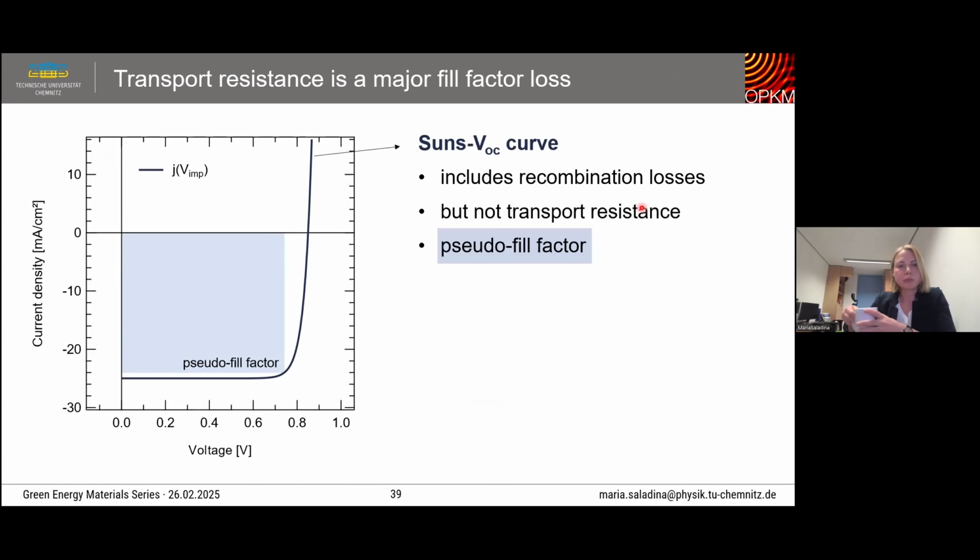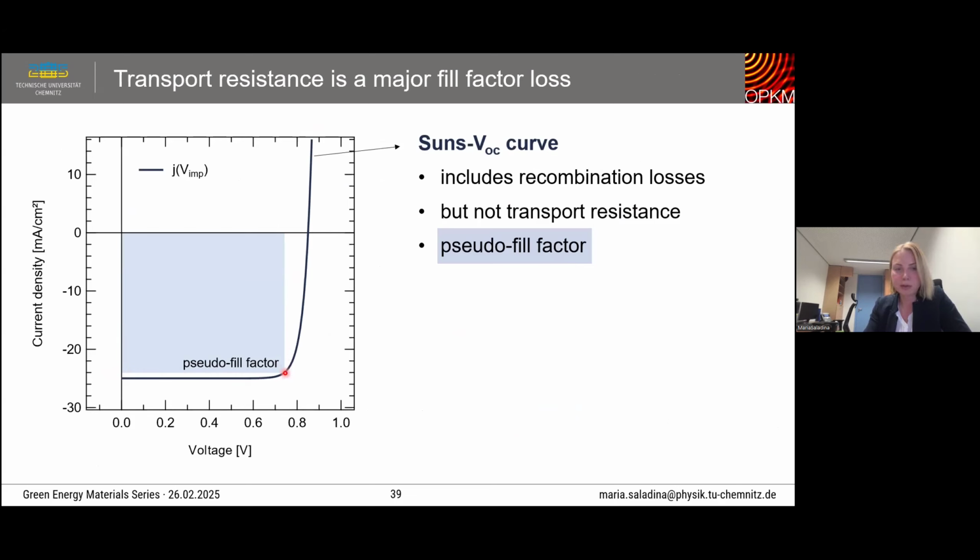Now, concerning the fill factor losses, by using this technique we can actually separate fill factor losses into ones caused by recombination and ones caused by transport resistance. The Suns-VOC curve can be analyzed in the same way as the experimental JV curve, and we can extract the pseudo fill factor.